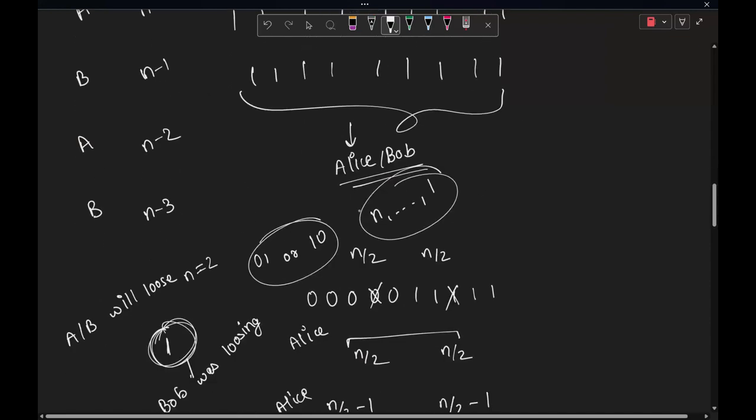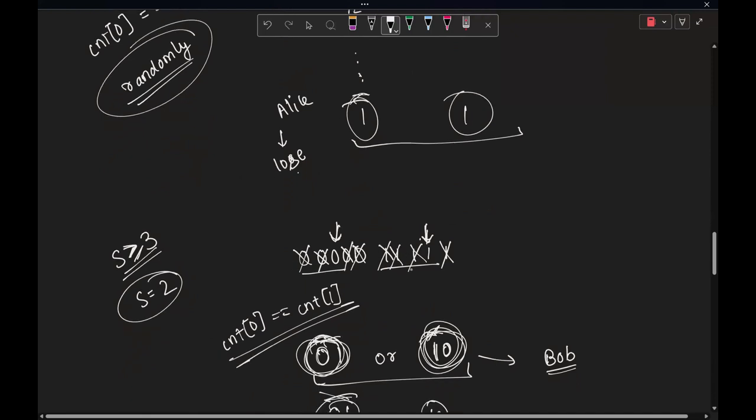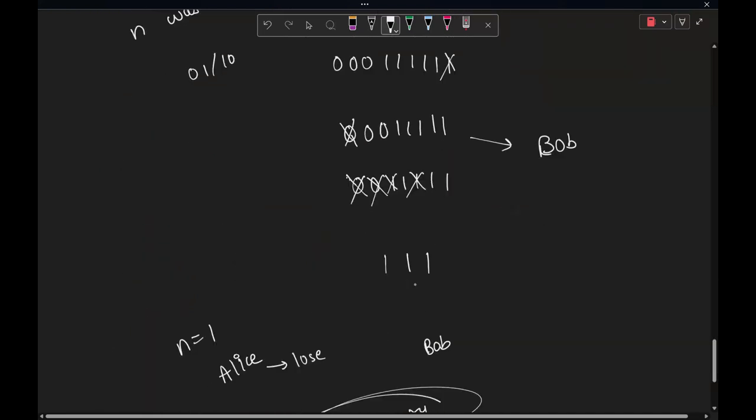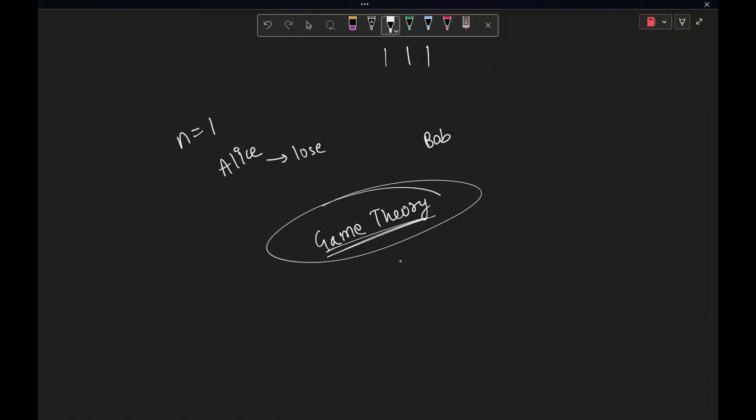But if you study game theory, there is something with a similar name to this, though I'm not sure of the exact name. You can find it on the Osako CP book or maybe on CP algorithms. Things will become easier for you next time.